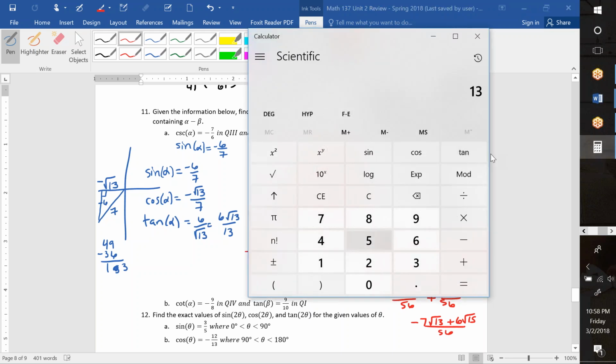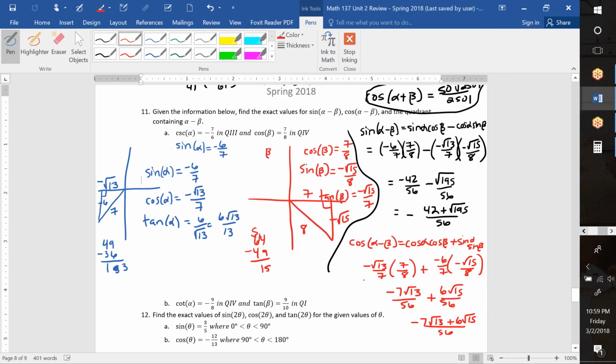So square root of 13 times 7, and it's going to be negative, is a negative 25.24. 15 square root times 6 is a 23.23 or 24. So this is actually bigger than this. So this overall sign is negative. So I had to check that with my calculator.